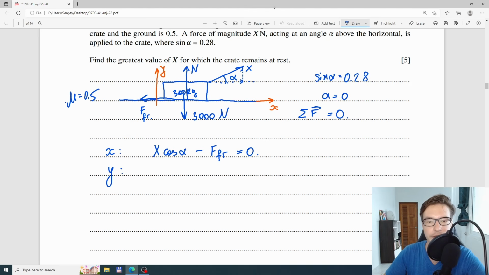And move on to y-axis. Now, on the y-axis, we also have the y component of the force X, which is vertical. And it is opposite of the angle alpha. That means I will have to multiply X by sine alpha. We also have the normal reaction, and it's pointing upwards, same direction as y. So I'll take it with the plus sign.